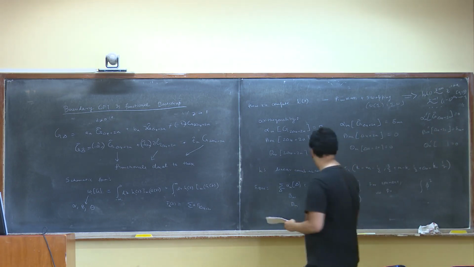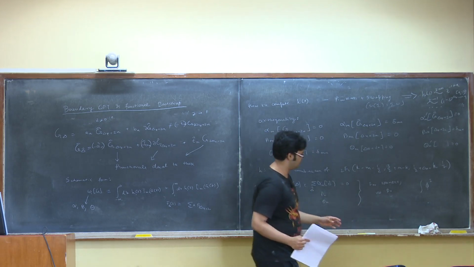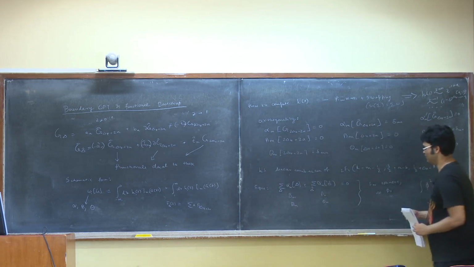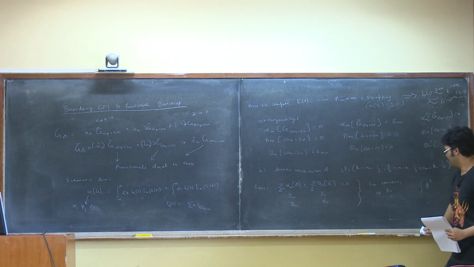So anyways, in the end, the point is, you cannot really write a beta 0. One of the equations for the Neumann would be missing.